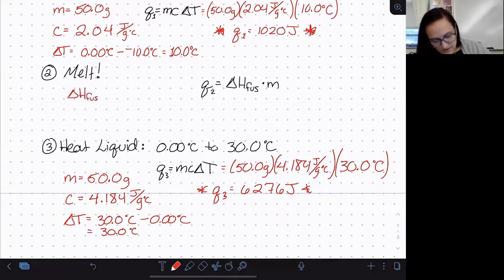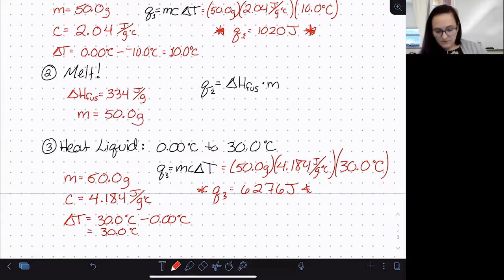The heat of fusion is given in the problem as 334 joules per gram. That means every gram of water requires an input of 334 joules of heat to convert it from a solid to a liquid without changing its temperature at all. The mass of our sample throughout the entire problem is 50 grams.